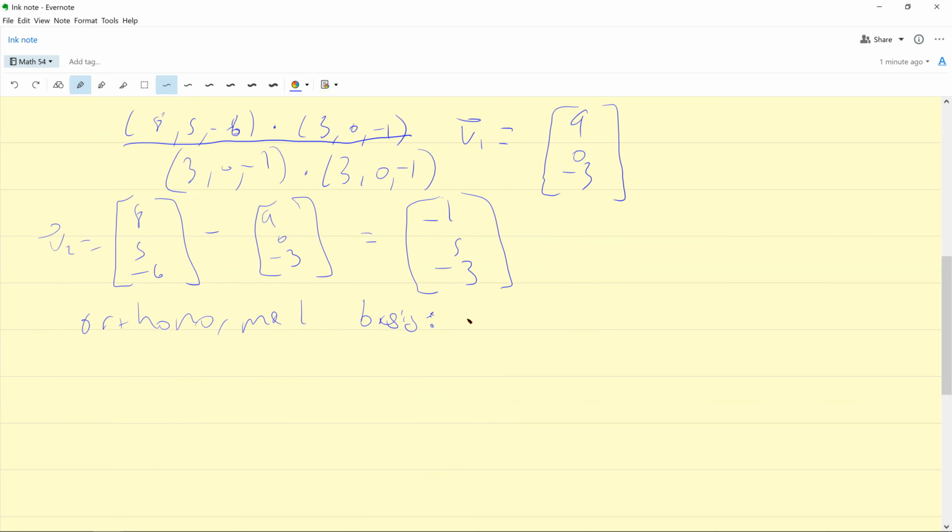There's two parts to it. I know the dot product of a vector with itself has to equal 1, so v dot v is equal to 1. And what else? They're an orthogonal set.